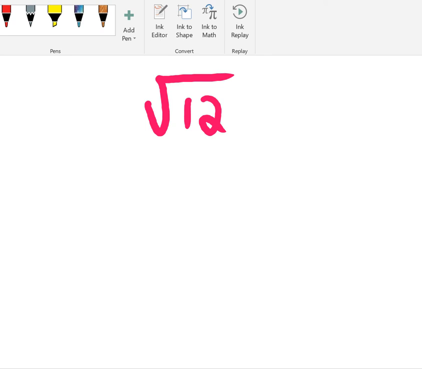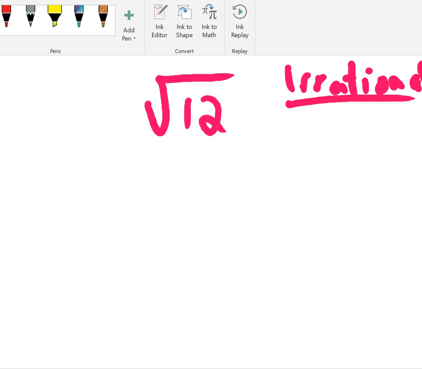You can take the square root of 12, plug it in a calculator, and it gives you this big old long crazy decimal. And this is what that means. The square root of 12 is what we call irrational. Irrational means it does not make sense.